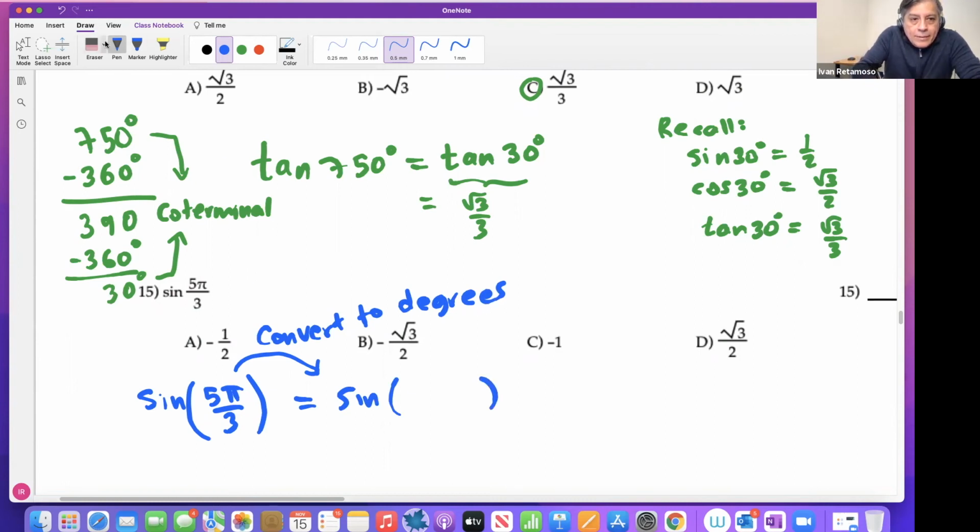Then figure it out, either using the facts that we were using before, or using coterminal angles or reference angles, right?